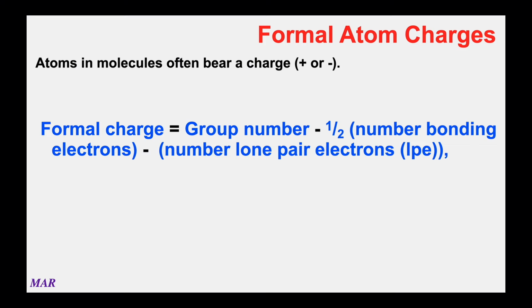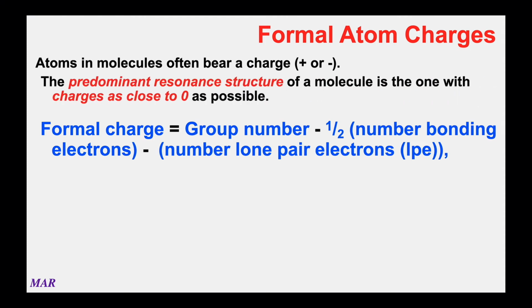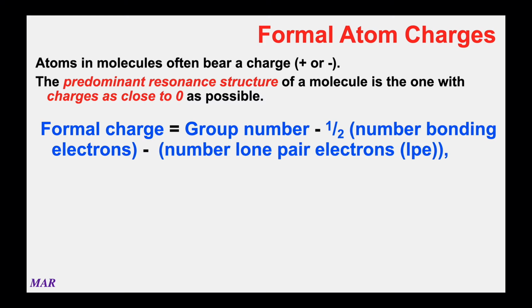I'm going to start off here with the definition of formal charge. Formal charge equals the group number minus 1/2 the number of bonding electrons minus the number of lone pair electrons. That's a lot to say. The predominant resonance structure of a molecule is going to be the one with the most charges as close to 0.